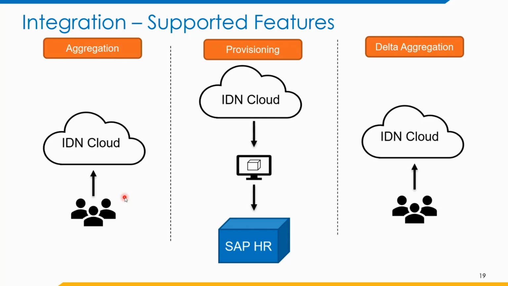For example, if one user's address alone has changed from the previous aggregation, delta aggregation only aggregates that user account data to IdentityNow, rather than aggregating all the user account data that remained the same. So these are the three main features supported by SailPoint: aggregation, provisioning, and delta aggregation.